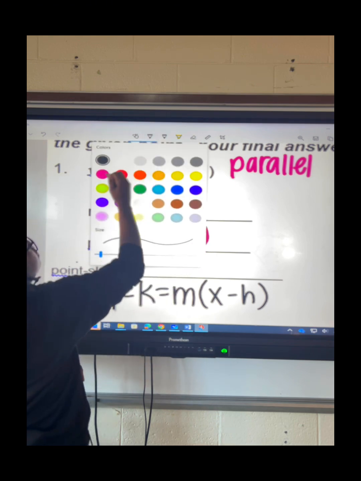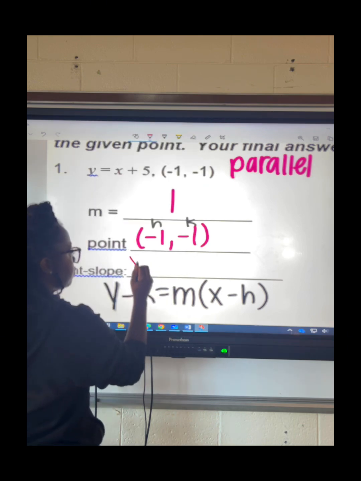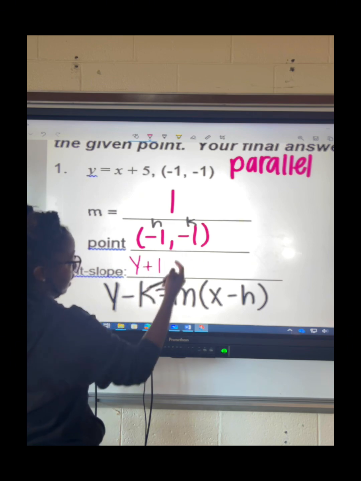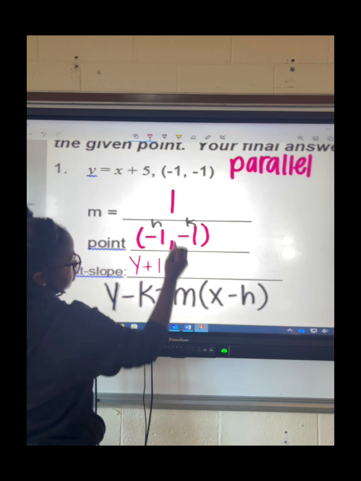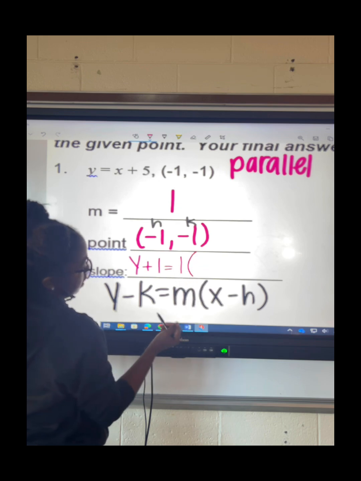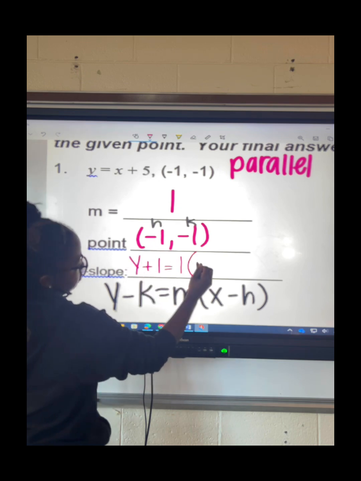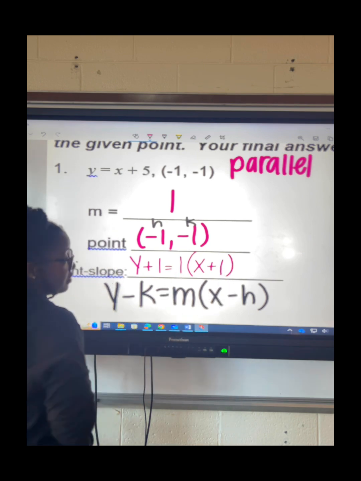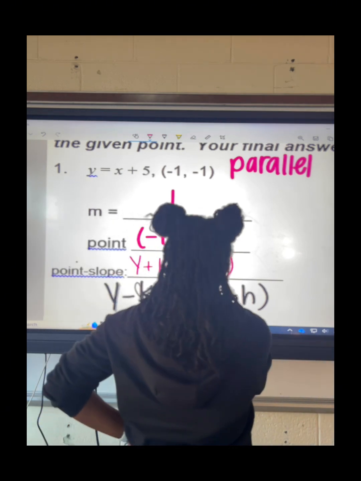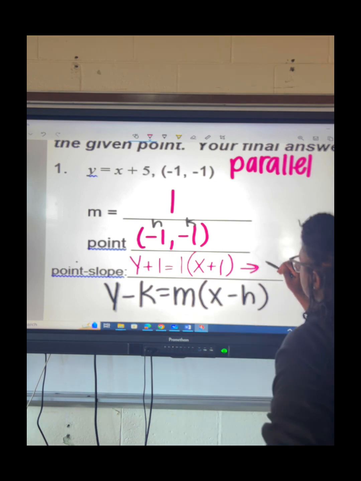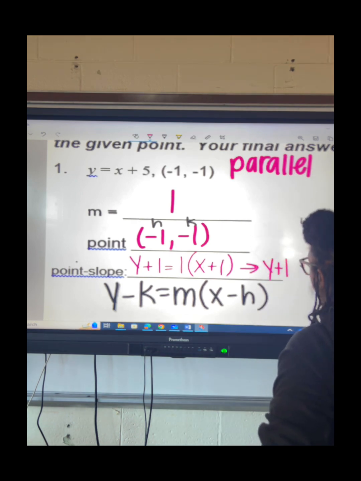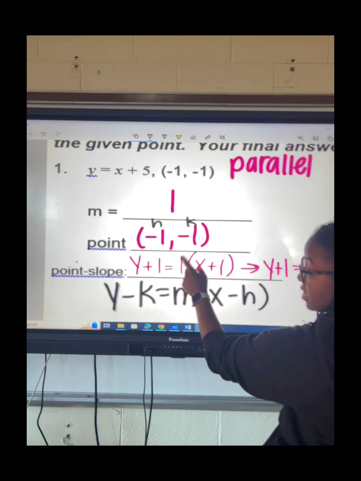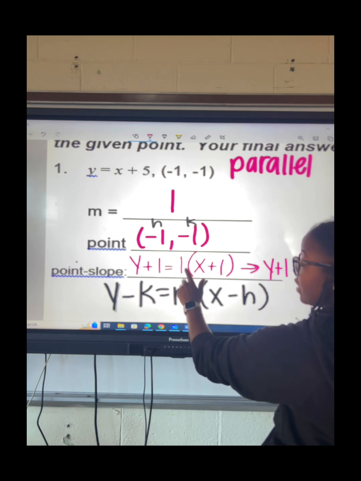Now all I have to do is plug in. The equation would be y, because we leave that alone, y plus 1, because that's a -1. Slope is 1. 1 times x plus 1. Now we could leave that 1 out. So we'll say y plus 1 equals x plus 1. But if it's making sense to do it like this and you're comfortable right here, that's fine.